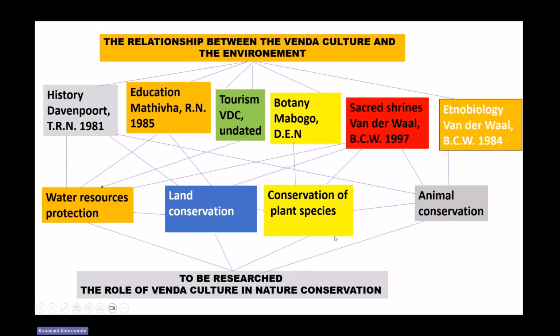And there we are saying, we postulate, if I was a quantitative researcher, I would put a hypothesis that there is a positive relationship between the Venda culture and the natural environment. And in my research, I was going to investigate to confirm or to refute the hypothesis.